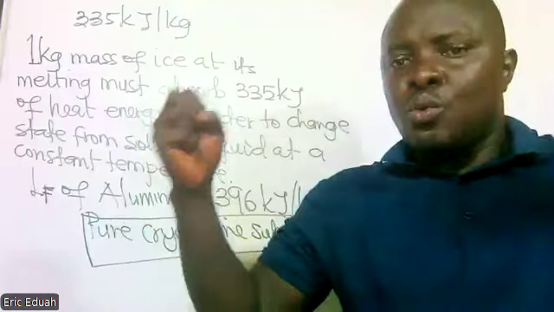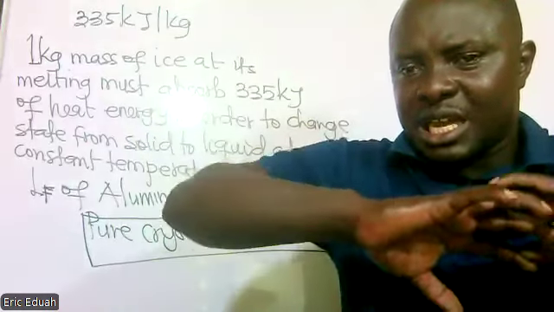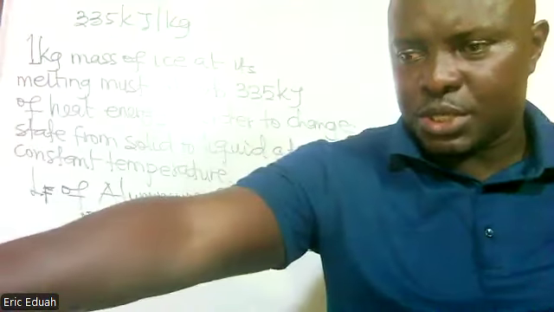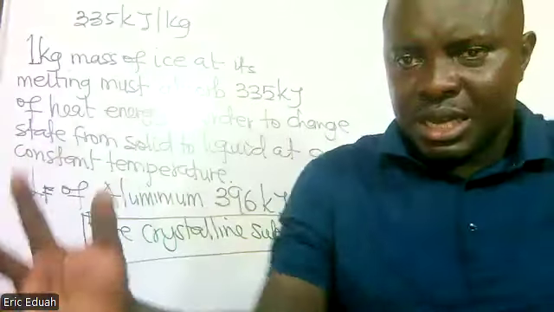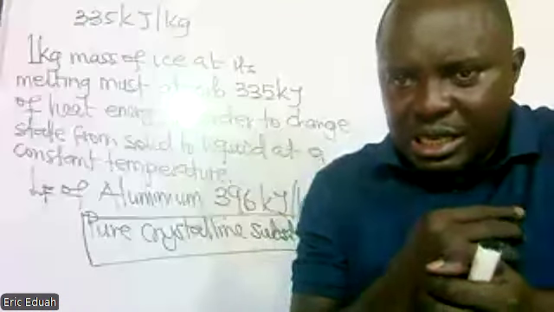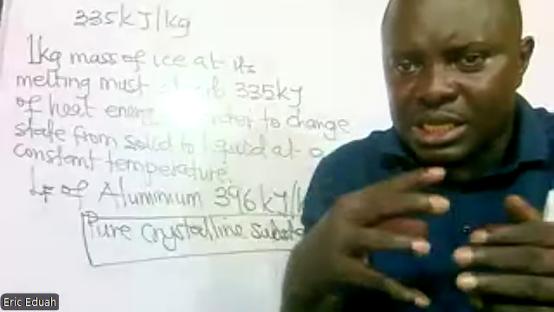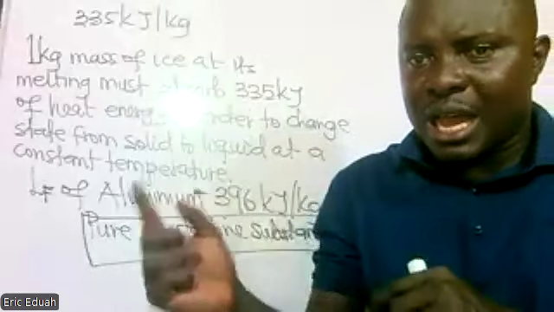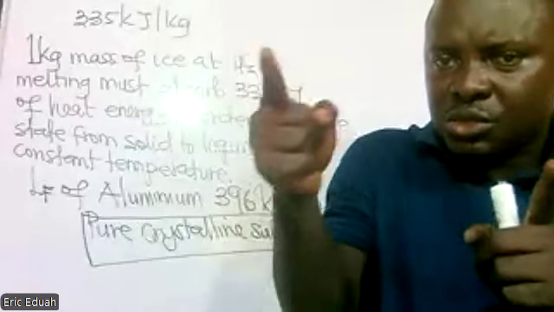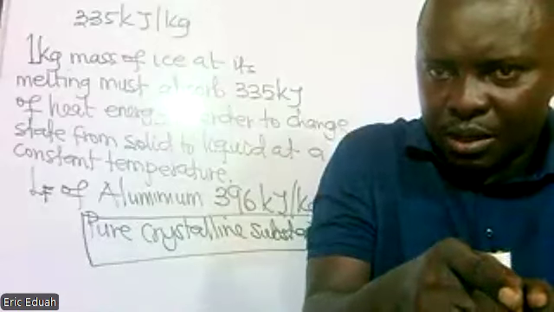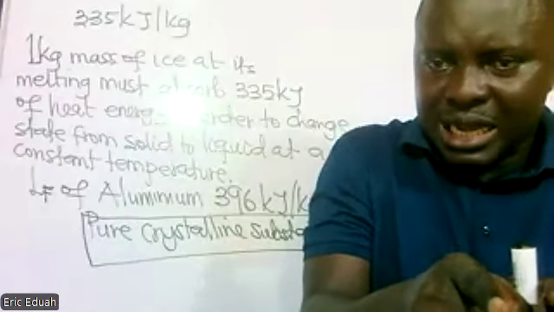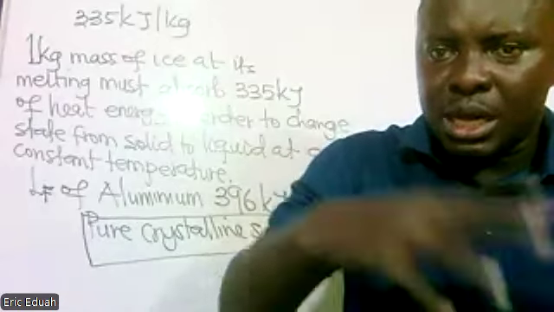When everything gets frozen and you put it on a table, it would absorb heat energy. So whilst it is absorbing heat energy, when the temperature increases to 0, then it will begin to melt.